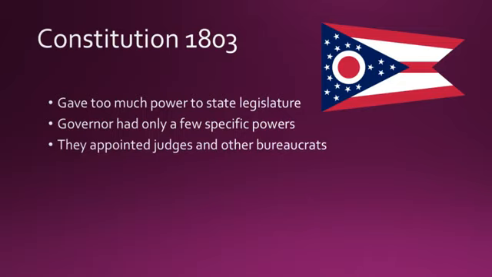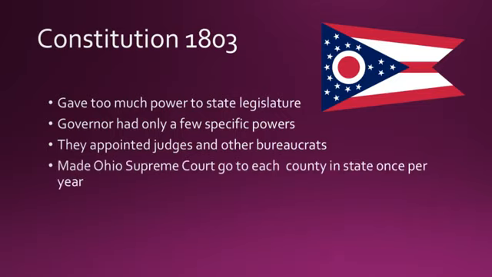The state legislature appointed the governor, judges and other bureaucrats, okay, but that was kind of their big role. And also this Constitution of 1803 made the Supreme Court of Ohio go and meet in each county in the state once every year.